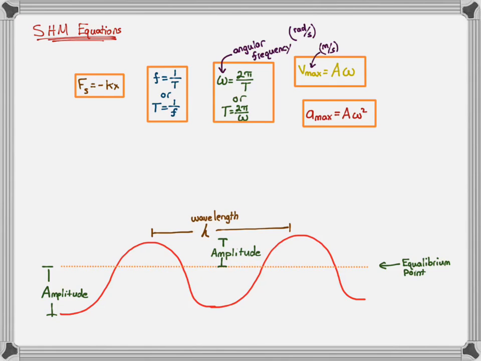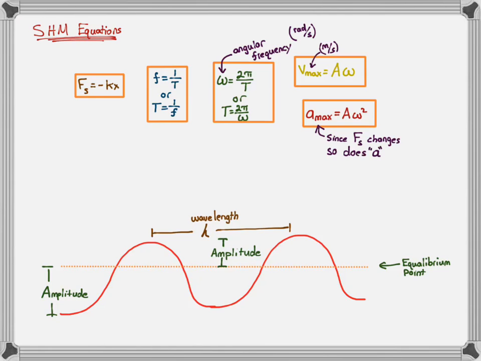The maximum acceleration is going to be felt where the spring is experiencing the maximum force, which is at the crest and the trough, and the maximum velocity is going to be experienced at the equilibrium point. And we'll go into more of that.